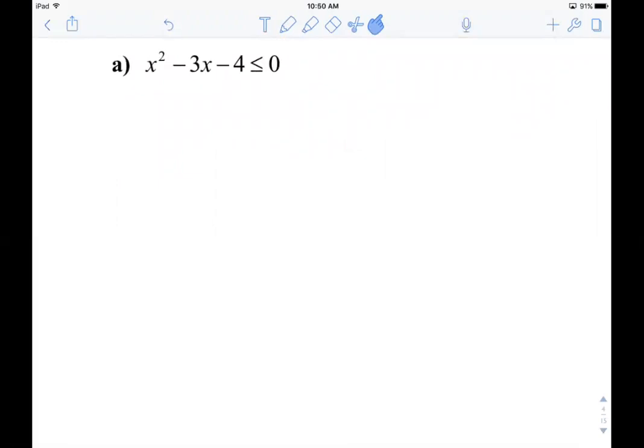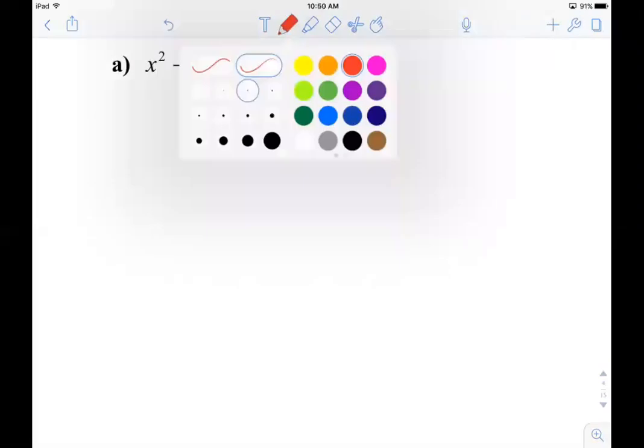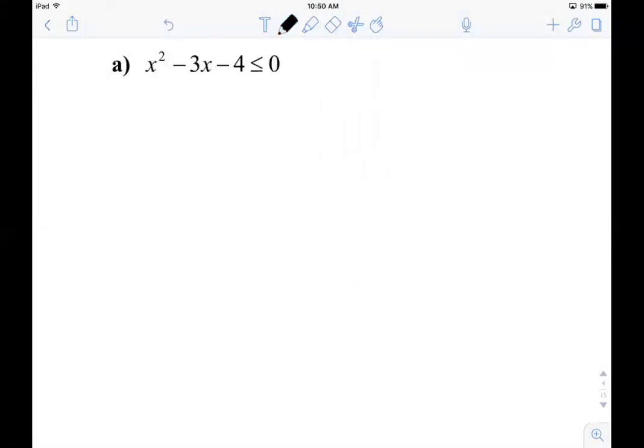Well, we already have it in essentially a standard form on the left side and 0 on the other. And specifically, it's supposed to be less than or equal to 0. Well, our next goal is to try and find the zeros of the quadratic stuff that we have on the left. We can do that by simply factoring it. (x - 4)(x + 1) would work in this case, and that's less than or equal to 0.